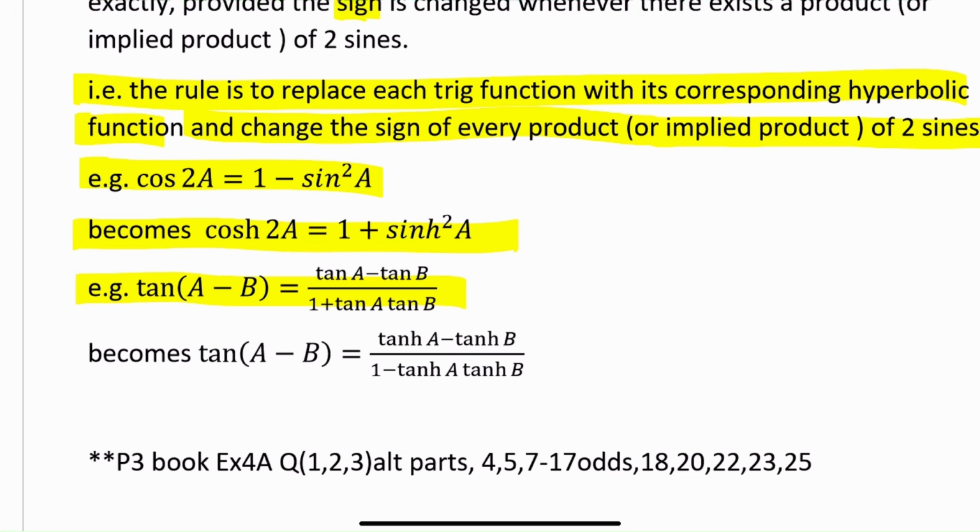So the only implied product bit is the bit on the bottom line. So you can see it changes to be minus. So the whole thing is, that should say hyperbolic tan of a minus b is equal to hyperbolic tan of a minus hyperbolic tan of b over 1 minus hyperbolic tan of a hyperbolic tan of b.